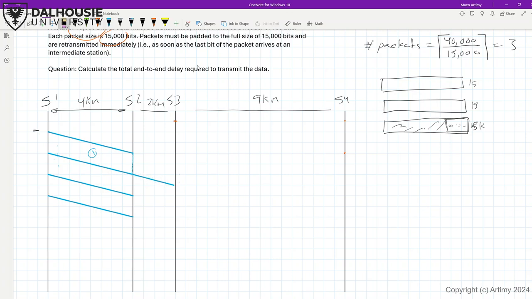So we'll send it, and as soon as the second packet arrives, we'll send it also. And finally the third packet arrives, so we'll send it as well.